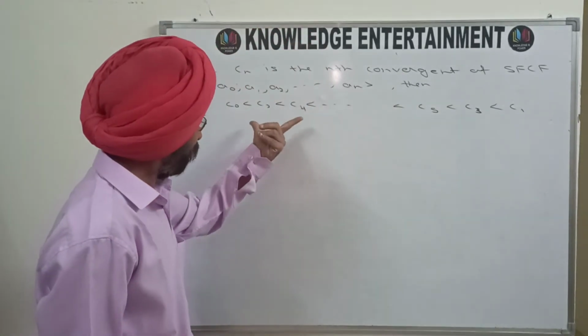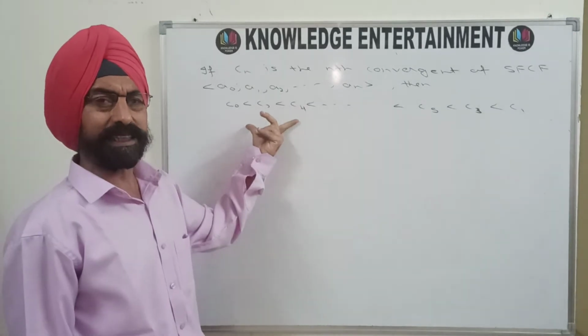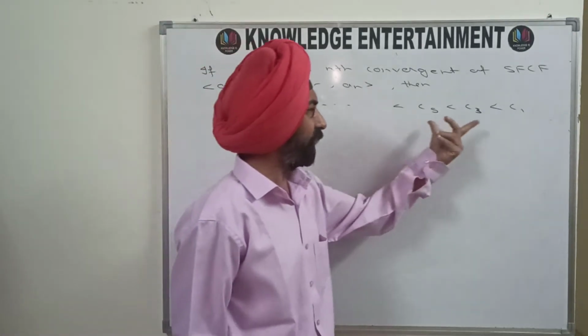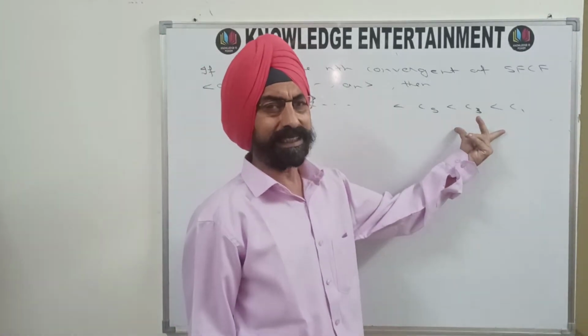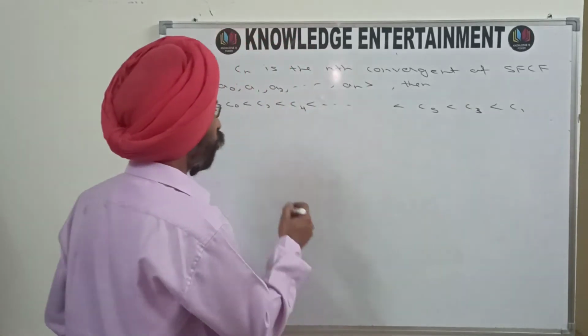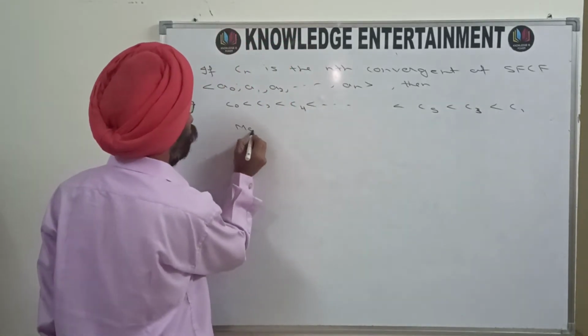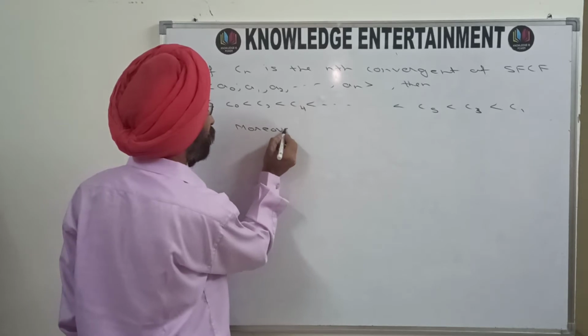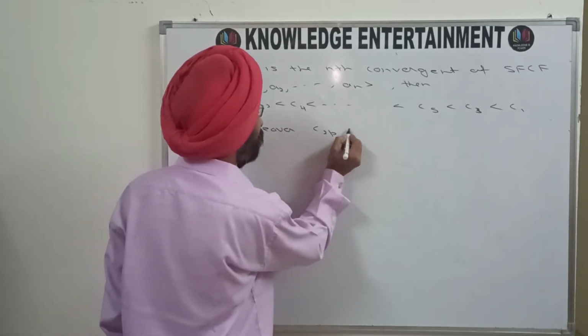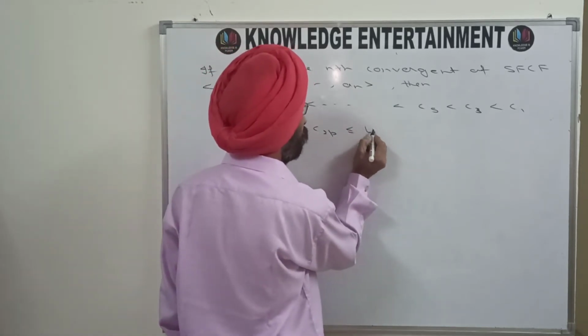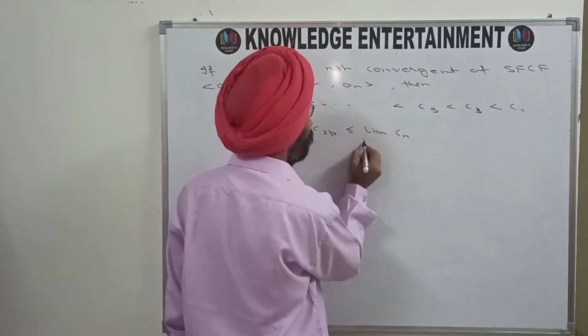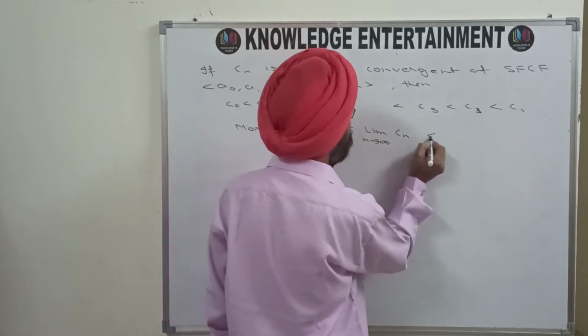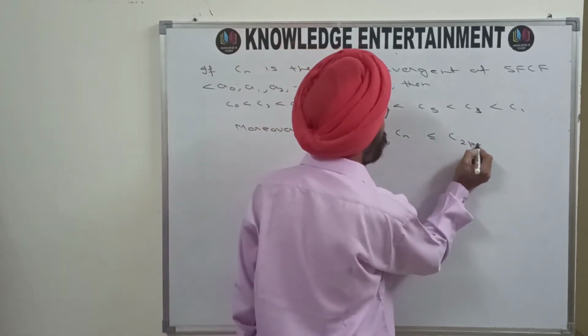Moreover, every even convergent is less than every odd convergent, and moreover C2p is less than or equal to the limit of Cn as n approaches infinity, is less than or equal to C2p plus 1.